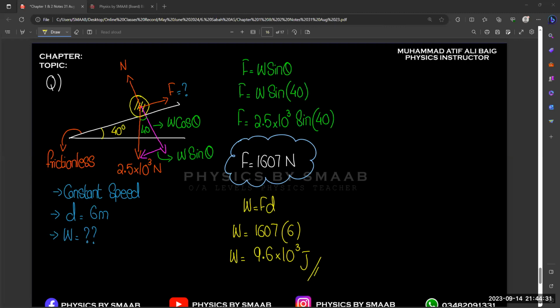Okay, so in the chapter of work, energy, and power, further we have to discuss the concept related to power. If you remember, what is the definition for power?